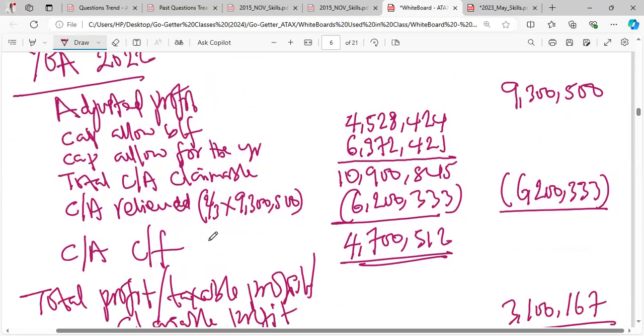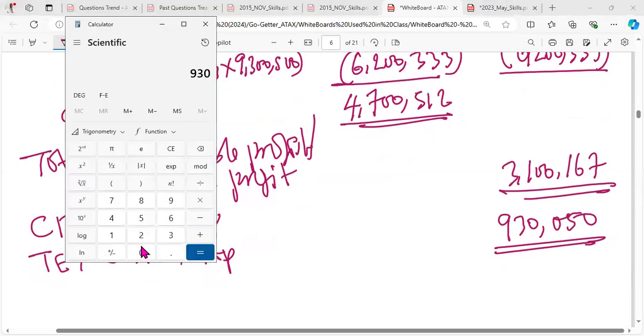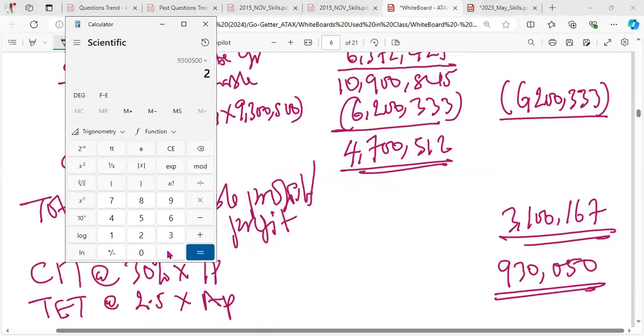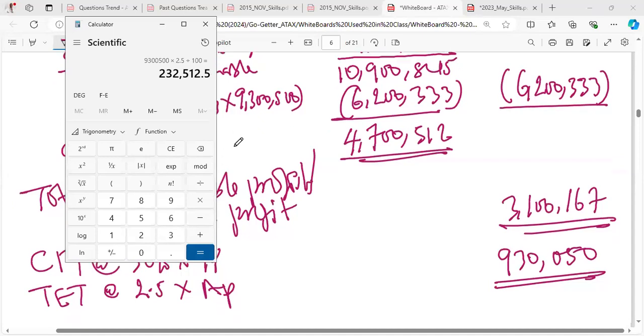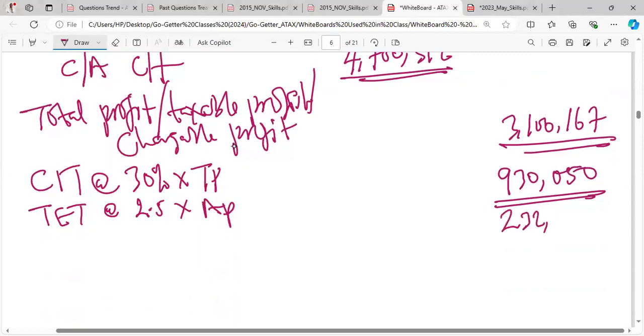Adjusted profit happens to be 9,300,500. Yes, we look for 2.5% of it. That will give me 232,513. So that's how you calculate your tax.